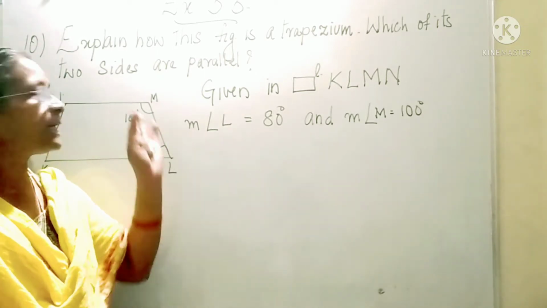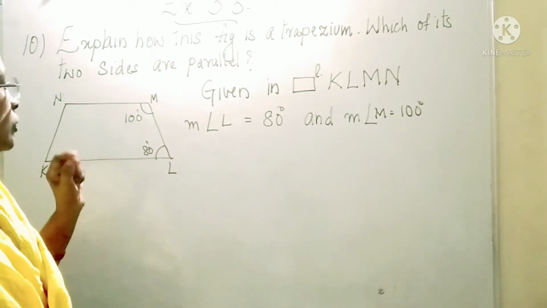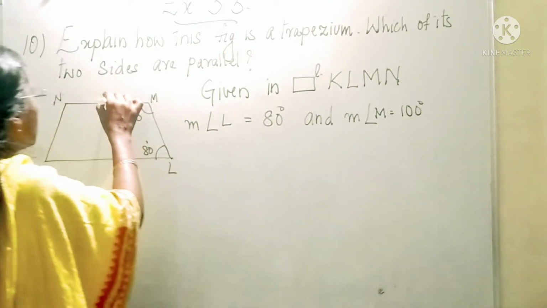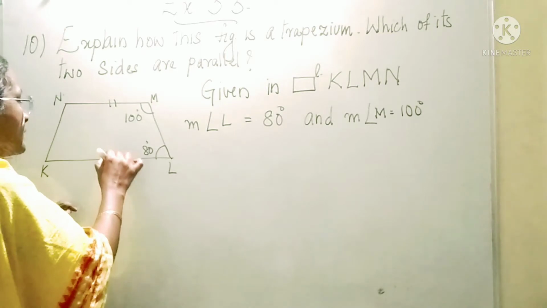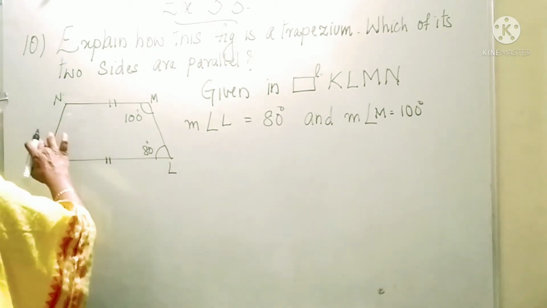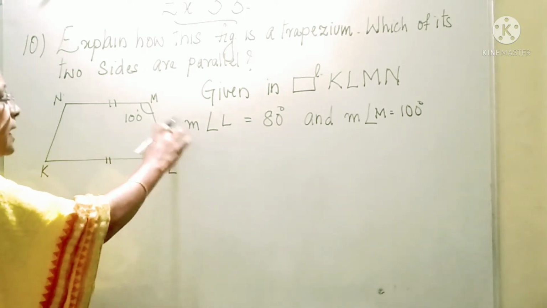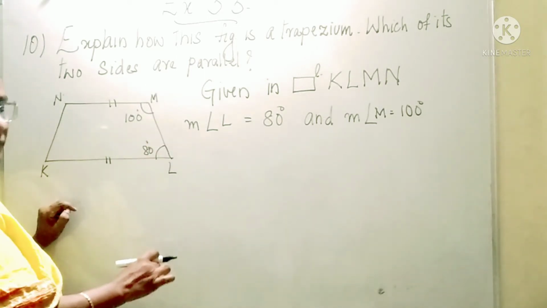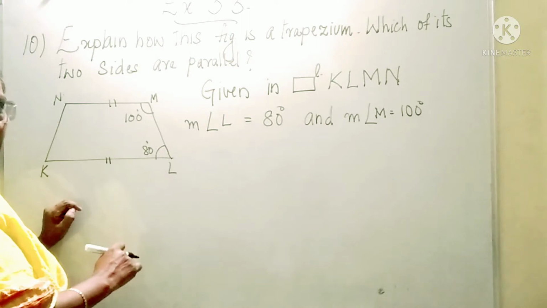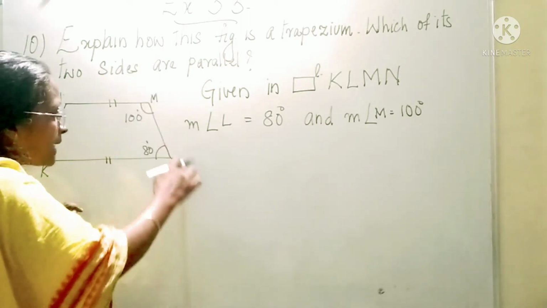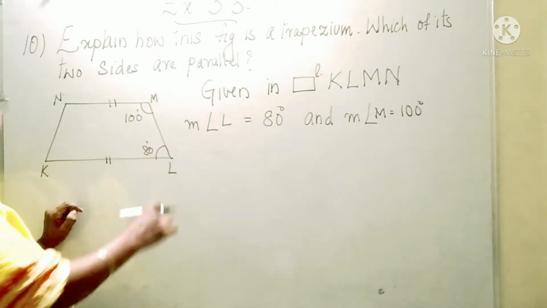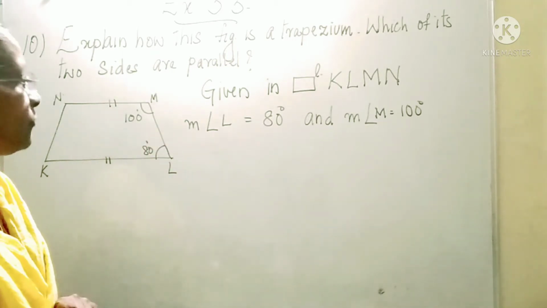Then only we can say that it is a trapezium. So what do you have to prove? These two sides are parallel, or these two sides. But if you consider any one of them as the transversal, we get only one angle. But if you take this as the transversal and these two lines, these two angles are with us. So it will be easy for us.